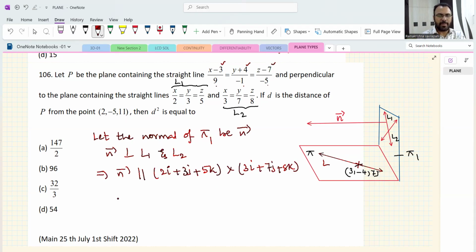So this is nothing but that n bar vector I can take as a determinant. This is like the vector perpendicular to a bar and b bar, that is a bar cross b bar. So i, j, k, 2, 3, 5, 3, 7, 8. This is equal to i into 24 minus 35.